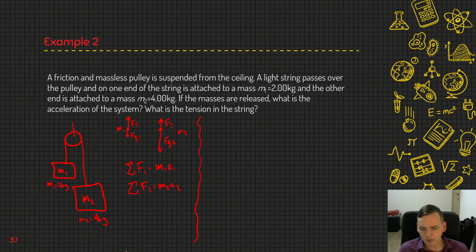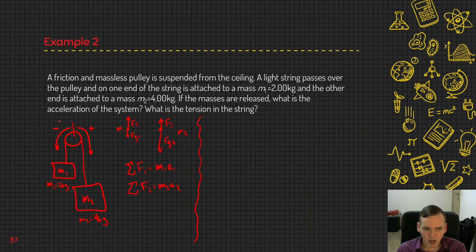But I'm going to show you a trick. I'm basically going to imagine stretching this string straight, as opposed to being bent. And I'm going to say if it moves towards the M1, that will be a negative motion. If it moves towards the M2, that'll be a positive motion.